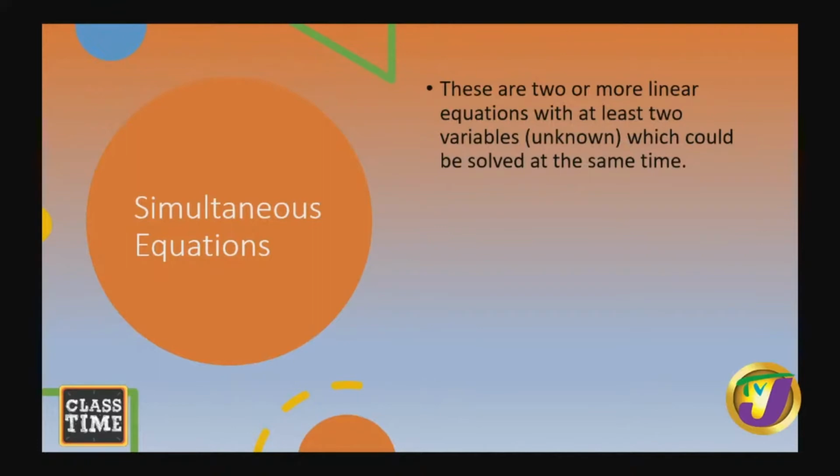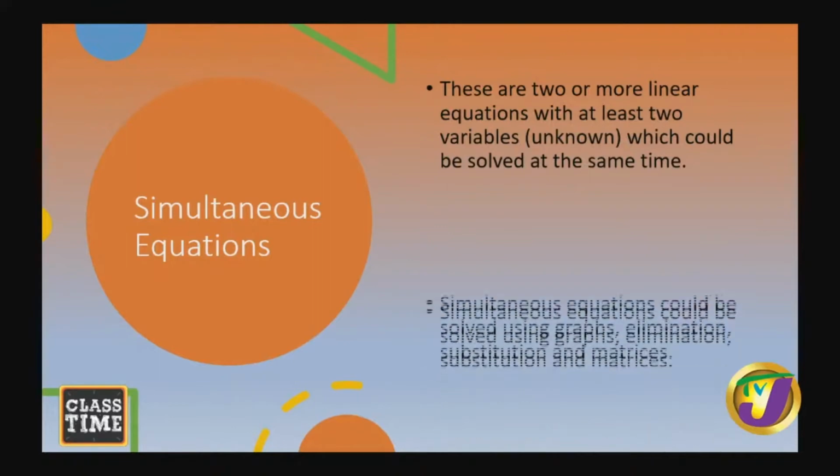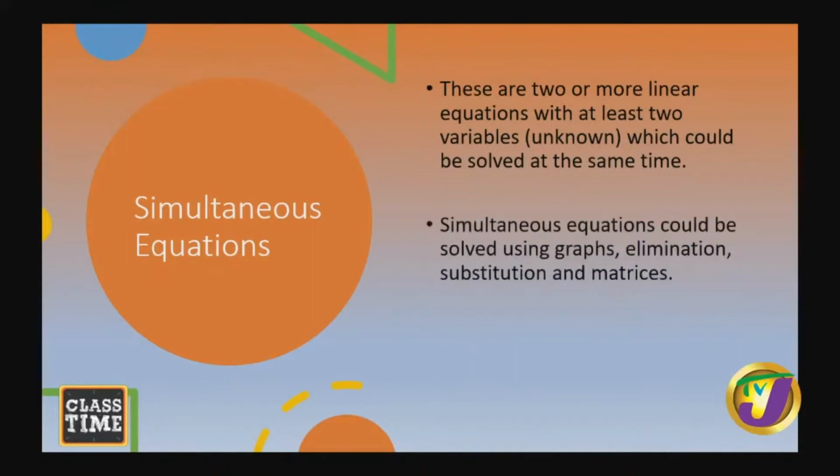And what else do we know about simultaneous equations? We had mentioned this before. We could solve it using the graphical method, as we have just looked at a while ago. We could use elimination, substitution, or even matrices. Awesome. So solving simultaneous equations is very versatile. We have a lot of variety to choose from, however way we want to solve them.